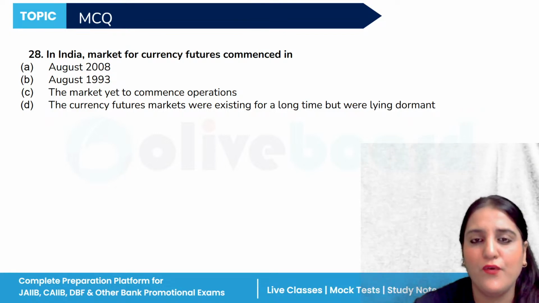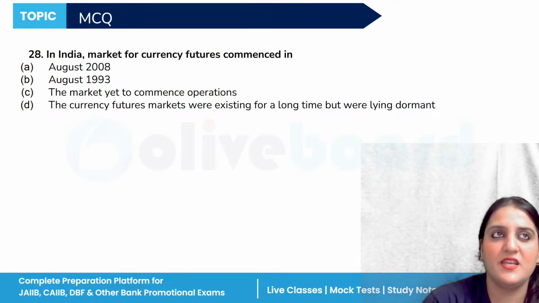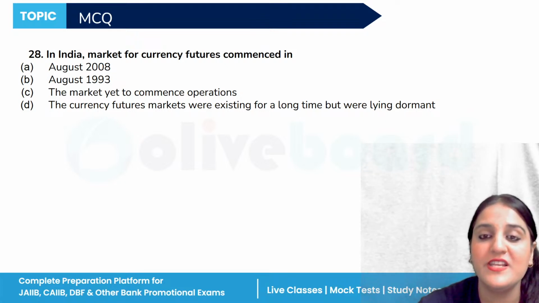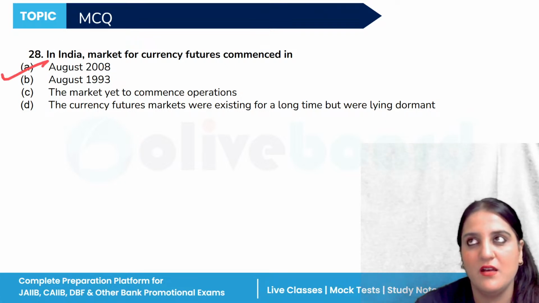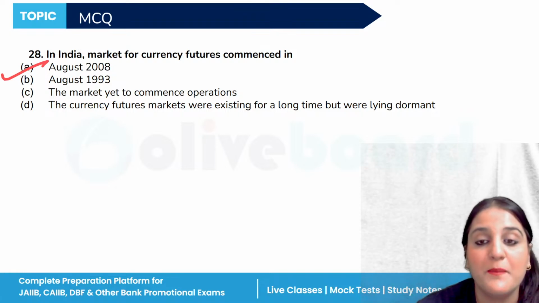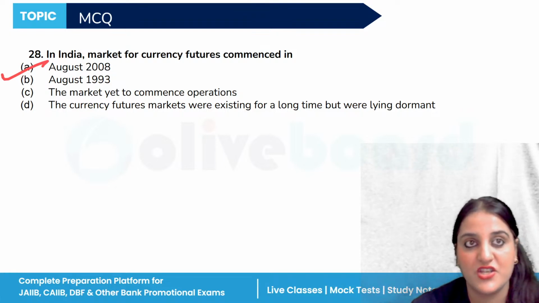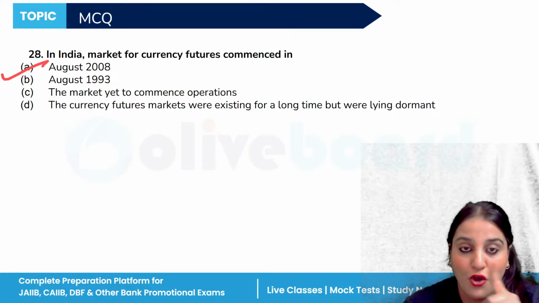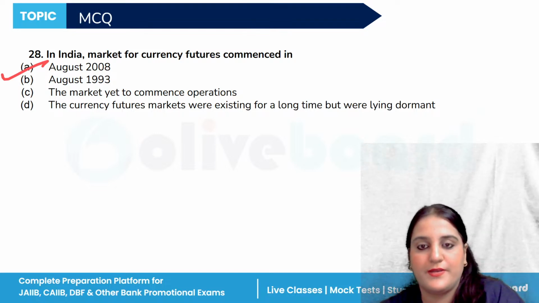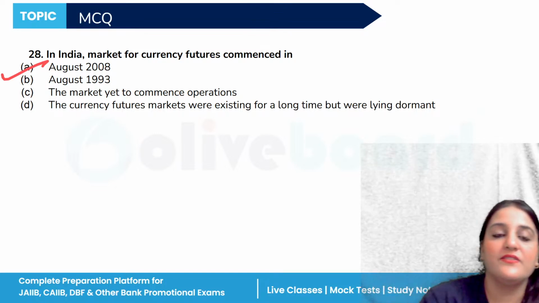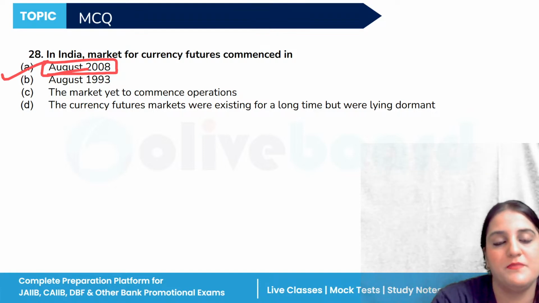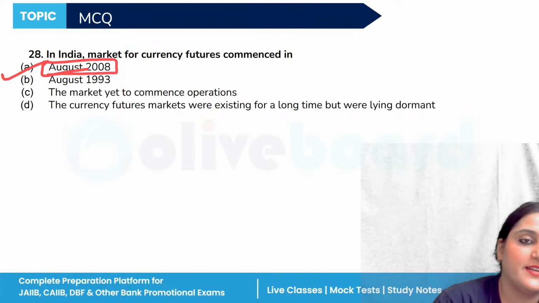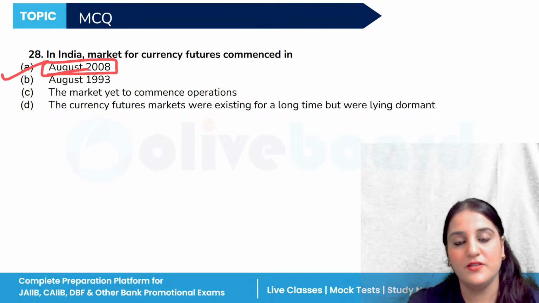Yes, the market for currency futures in India officially commenced in August 2008, when the National Commodity and Derivatives Exchange, NCDEX, launched currency futures trading. So the correct answer is August 2008. Sorry for the mistake. I was confused between the years, but the correct answer is August 2008.